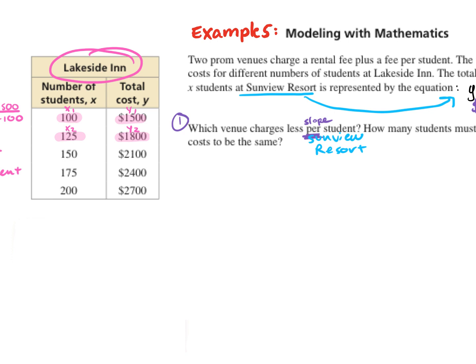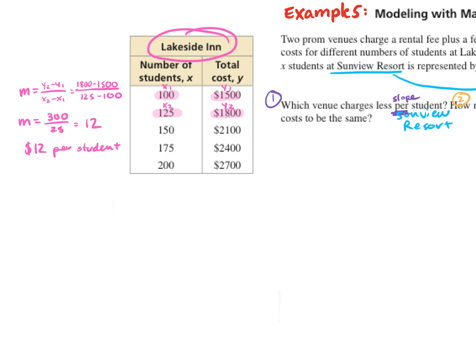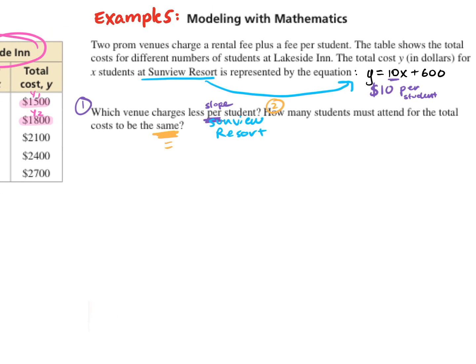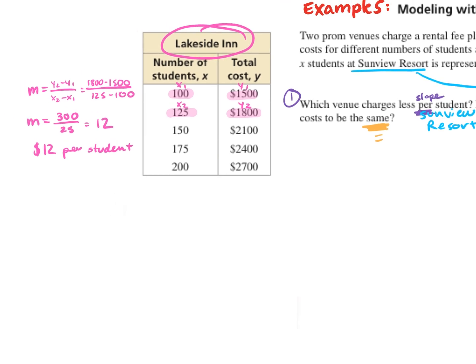Now let's answer the second part of this question. It's how many students must attend for the total cost to be the same? So we're going to find our two equations for each of the venues and see where they're the same, so we want to set them equal to each other. Sunview Resort already has an equation for that venue. We want to come up with an equation for Lakeside Inn.